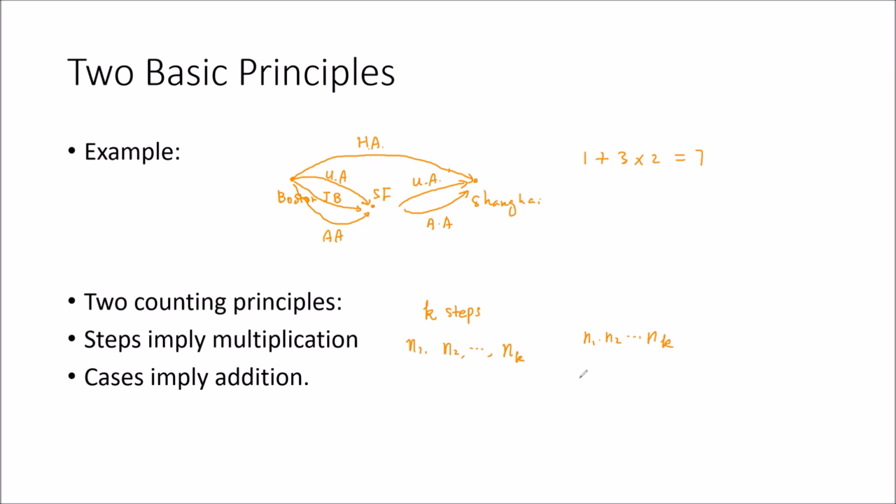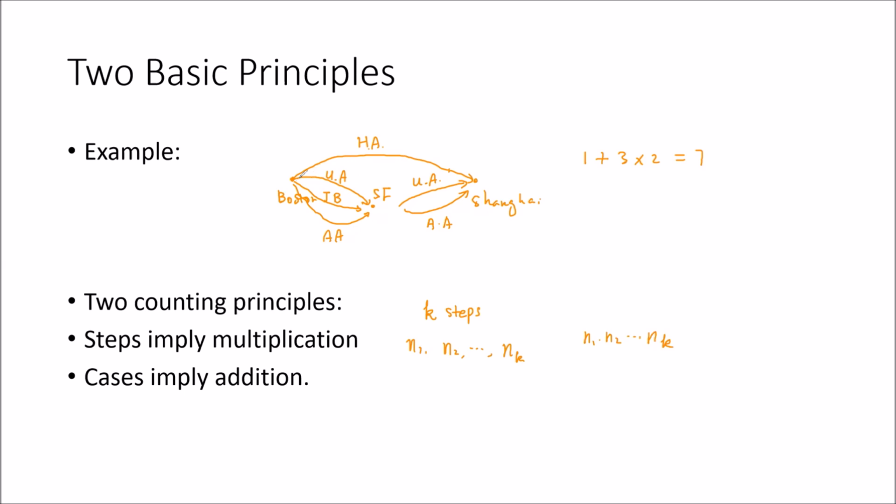A step is a non-completed task, right? While a case is a complete task. So for this flight route question, a direct flight from Boston to Shanghai by Hainan Airline is simply a finished task. So it is a case.